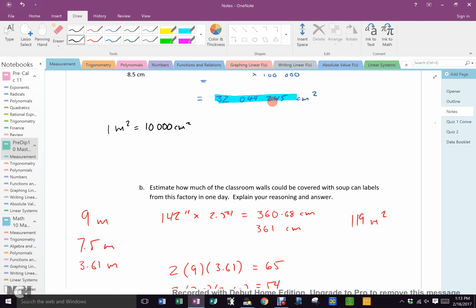Divide. Because meters are bigger than centimeters, right? So the number has to end up smaller. So if I divide by 10,000, it's going to get me my meters, yeah? What is it? 320.4 meters squared.